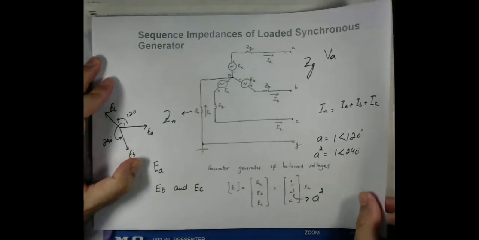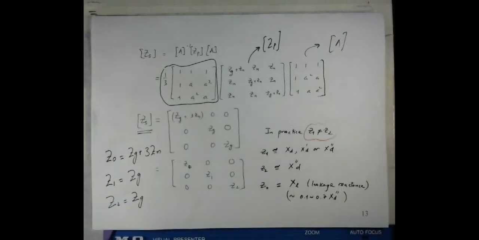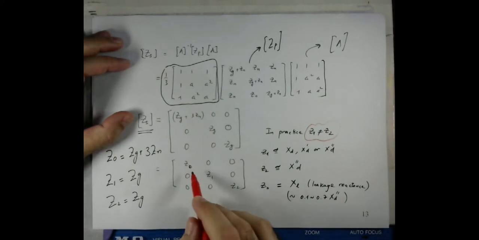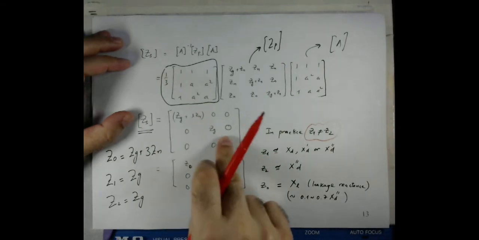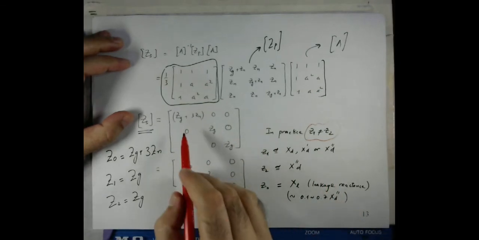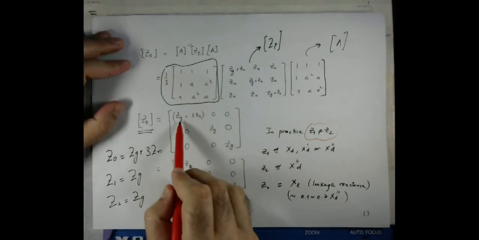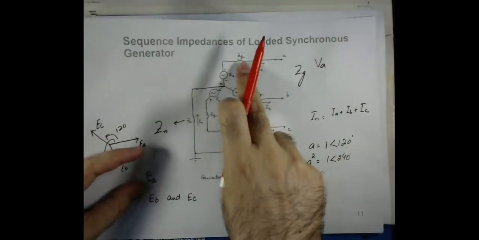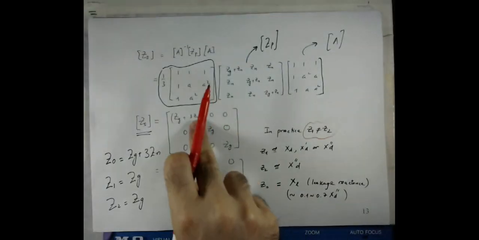Then we determined the sequence networks, and we found that the sequence impedances have a diagonal matrix, and the zero sequence impedance is equal to Zg, the impedance associated with each phase, plus 3Zn.